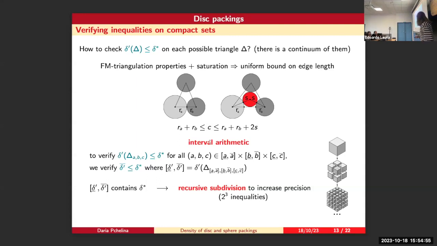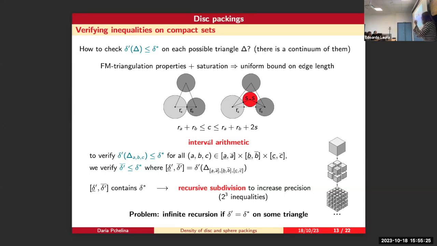So actually, this works well. If for every triangle, delta prime is less than delta star, the recursion will stop and we'll obtain our result, and it's what happens. Except one case. Actually, we can have a set of triangles satisfying the green inequality, but one of these triangles is the optimum, meaning that we get the equality on this triangle.